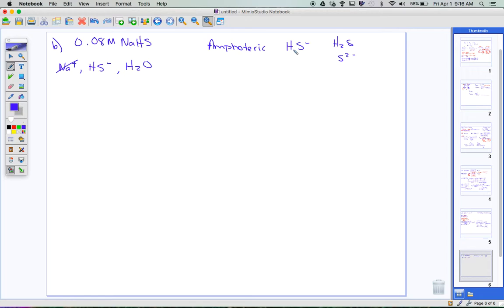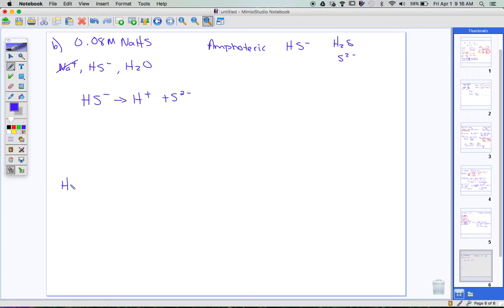So if it's amphoteric, let's just look at the H2S. If HS minus is functioning as an acid, then it will drop an H plus and become S2 minus. And that is just the Ka2 of H2S.